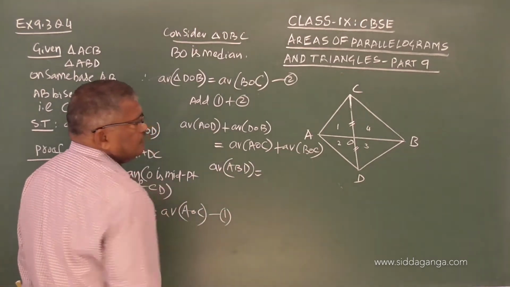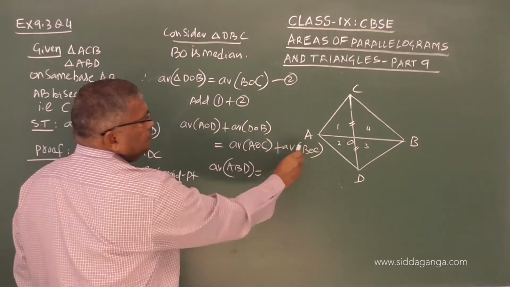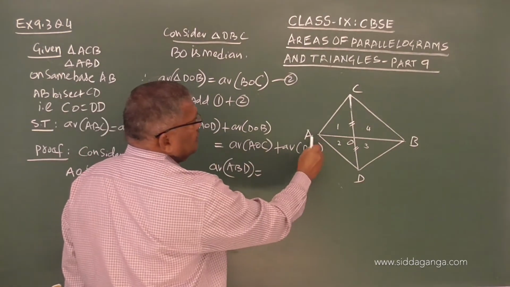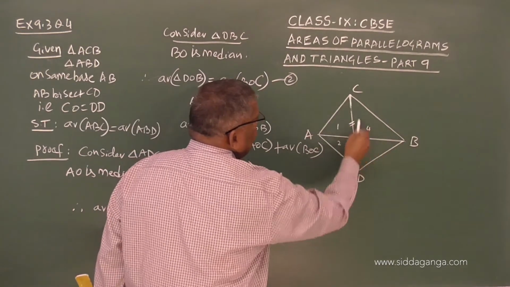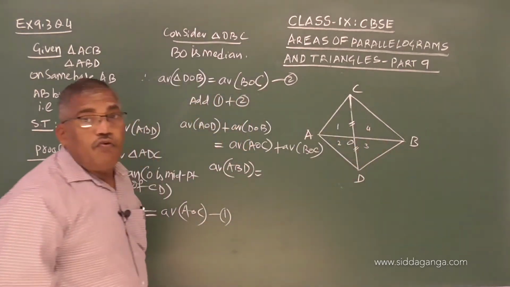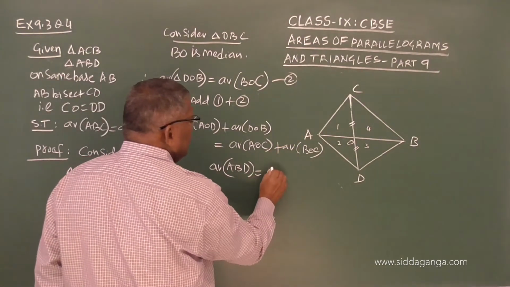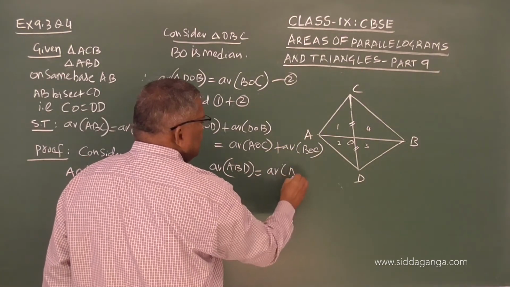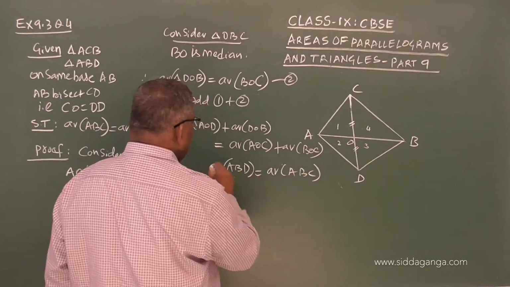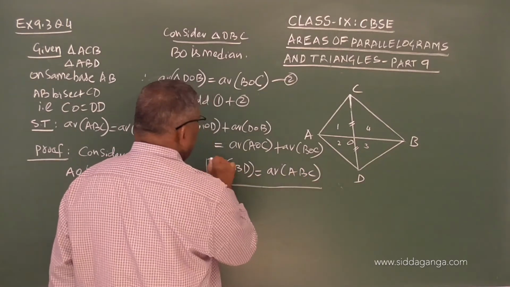The right hand side, AOC plus BOC, that is 1 plus 4, is nothing but ABC. Therefore area of triangle ABC equals area of triangle ABD. This is what was asked and we have proved that.